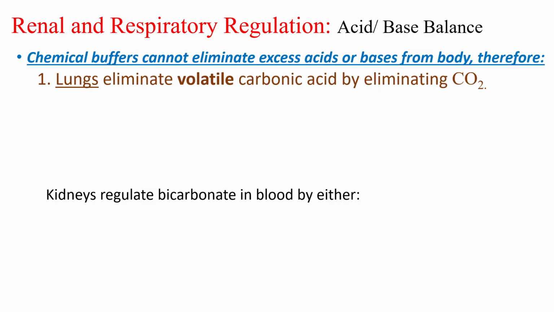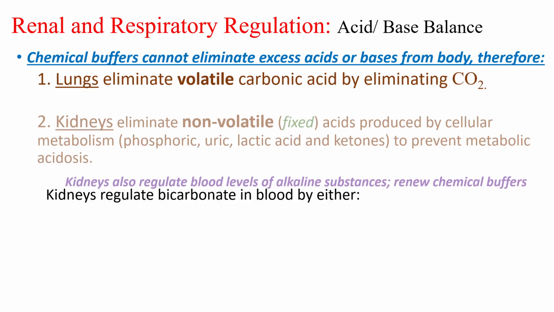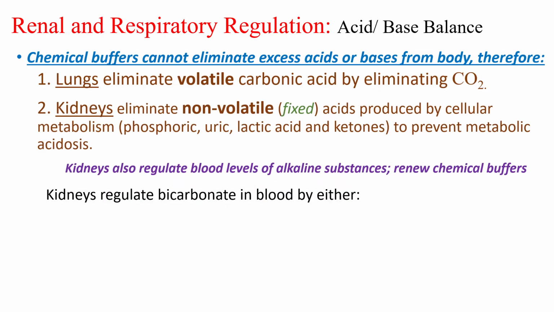When we convert bicarbonate into CO2, the other product is water. Water is great for us, generally speaking. If we get rid of that CO2, we have a way of eliminating acid by converting it to water. That's what we call volatile acids. They can be eliminated from the lungs.